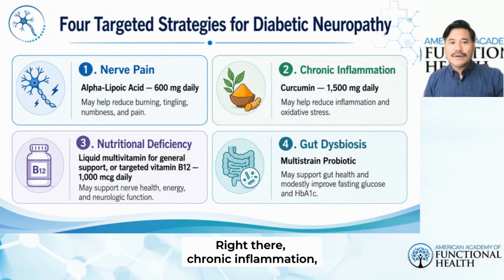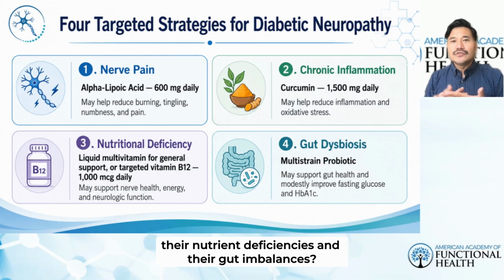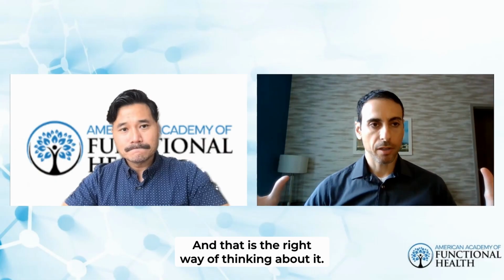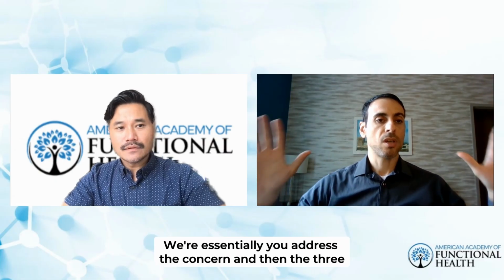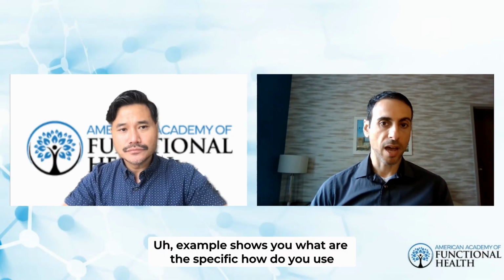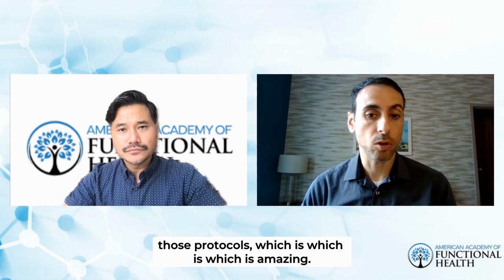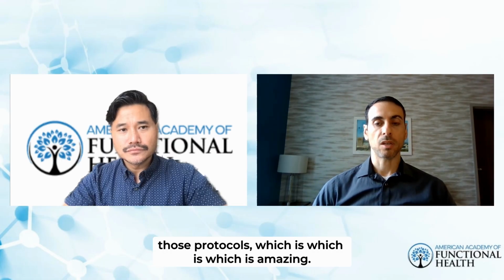Their chronic inflammation, their nutrient deficiencies, and their gut imbalances. Yes, that is the right way of thinking about it: you address their concern and then the three major root causes. And Dr. Chill's example shows you how to use those protocols, which is amazing.